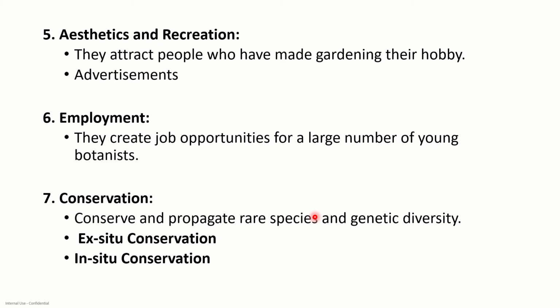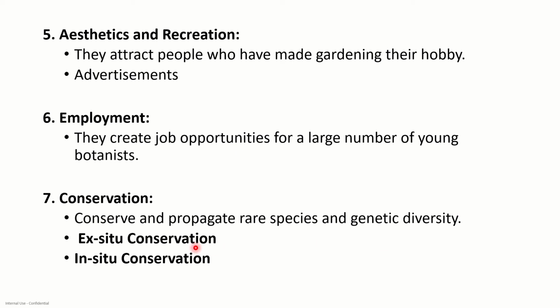Then we come to conservation. They conserve and propagate rare species and genetic diversity. So this is our primary or global aim, you can say, preservation of genetic diversity and conservation of nature. To conserve nature, what do we need to do?